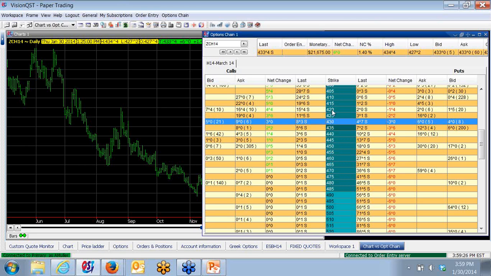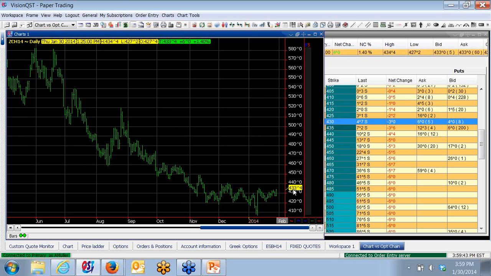But the reason the 420 option is worth 15.5 cents is because 13.5 of those cents are in the money. Because if the contract were to expire today and get exercised, the difference from 420 to 433.5, you would have the right to buy the futures at 420.